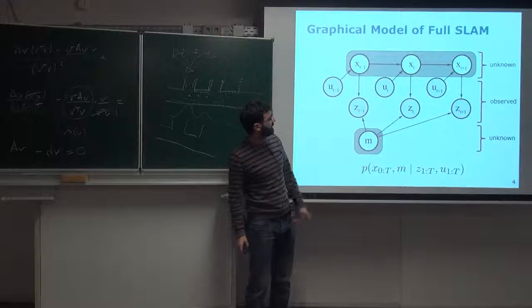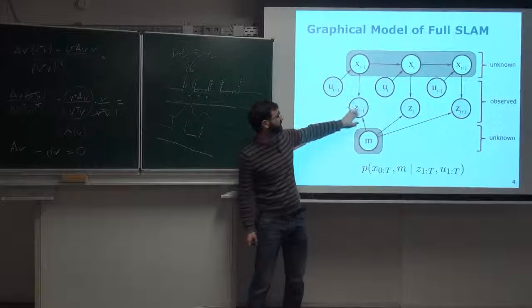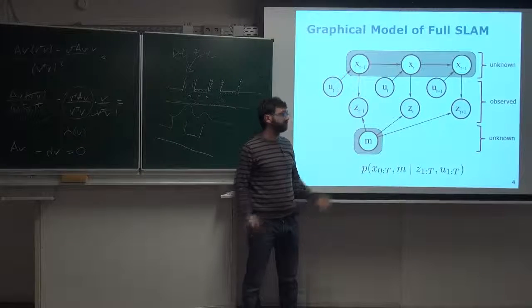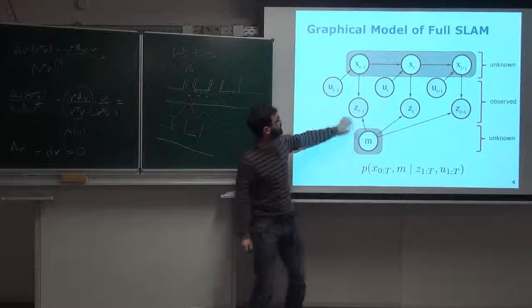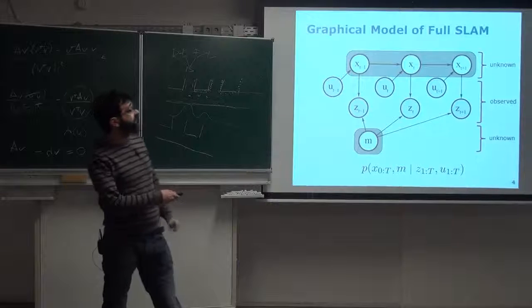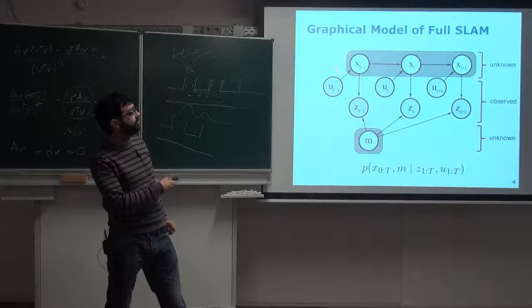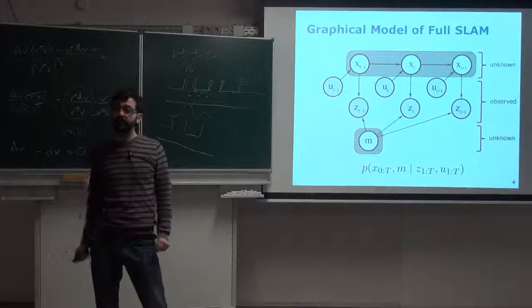So we have a part which is observed, which is the odometry and the measurements of the outside world, and there is a part which is unknown. Okay, and we have seen what's called the full SLAM, where we have an unknown here, and we want to estimate the full unknown part on the robot trajectory.